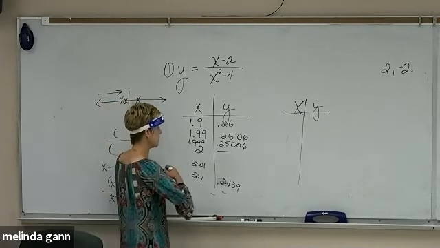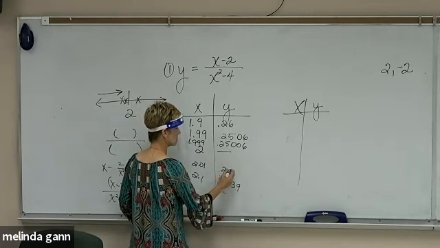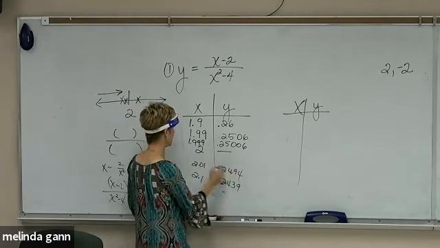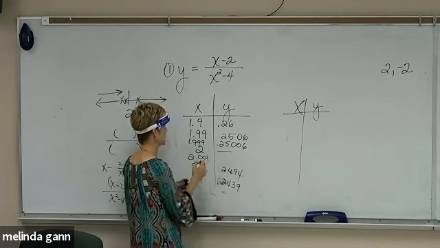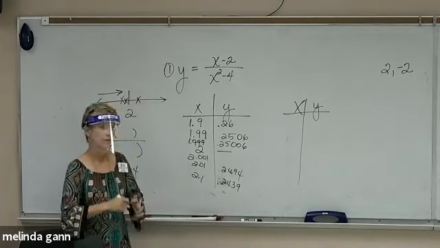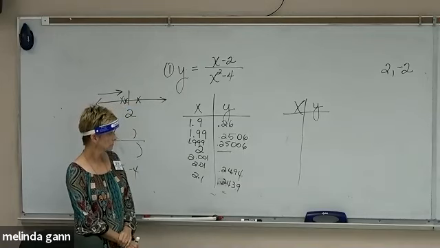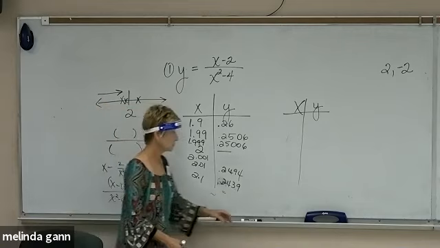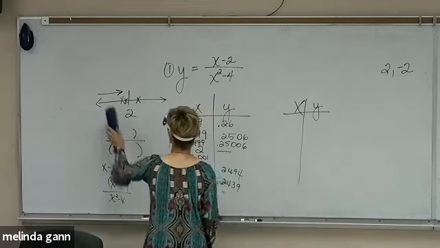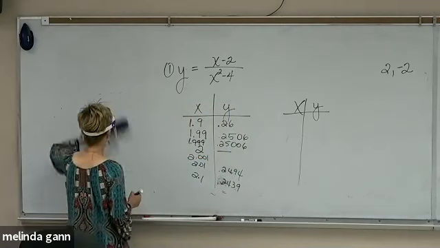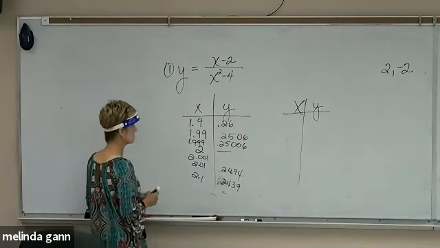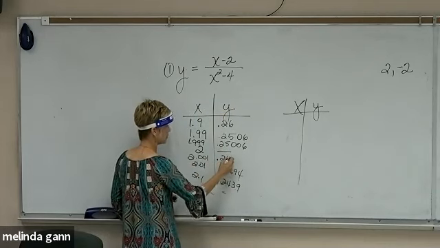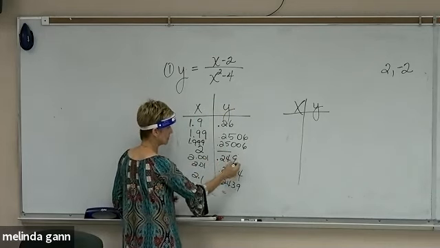What did you get? 0.2494. Okay. Try one more. Try 2.001 and see what happens. You get 0.24-something.